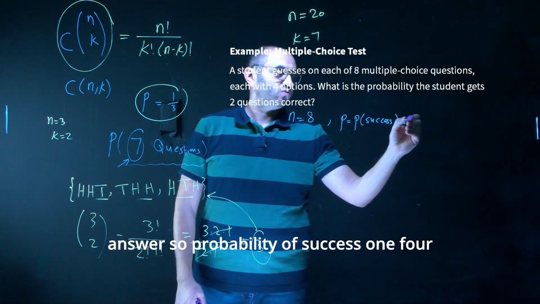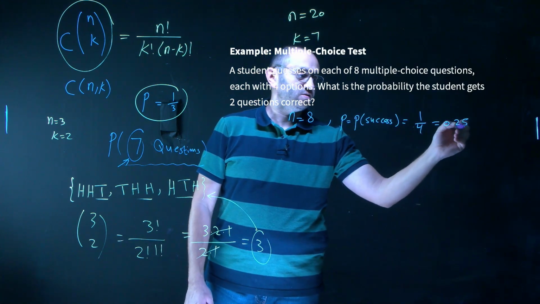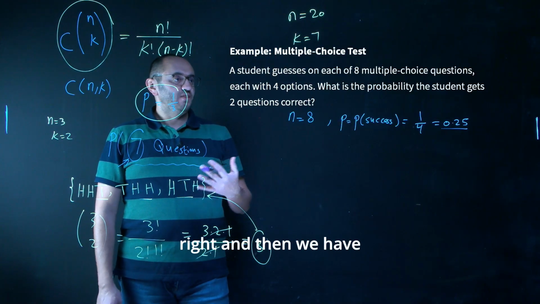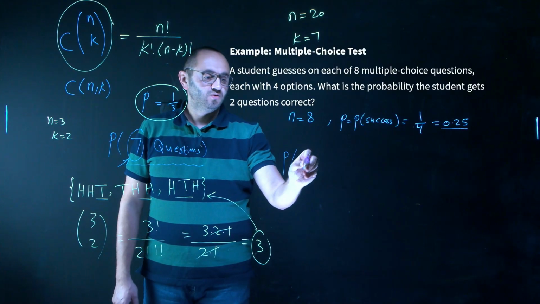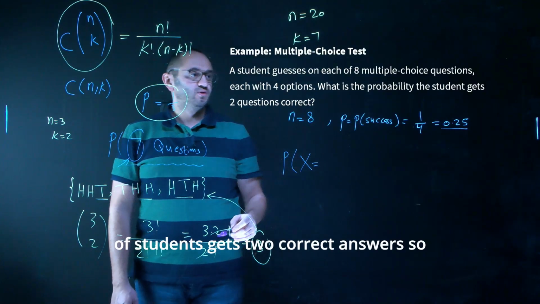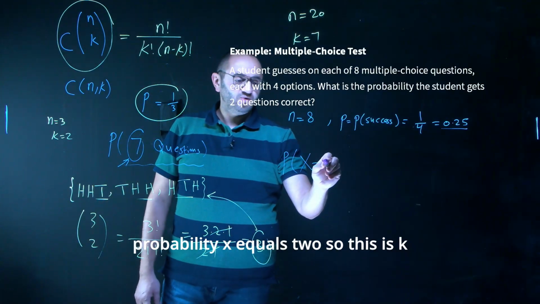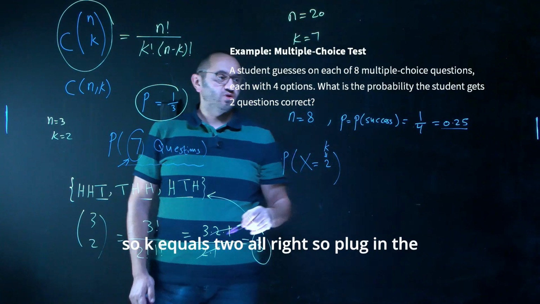So the probability of success is 1/4, or you can say 25%. And then we have to find the probability that the student gets 2 correct answers, so the probability of x equals 2. So this is k. So k equals 2.